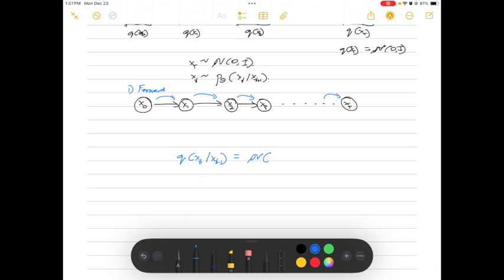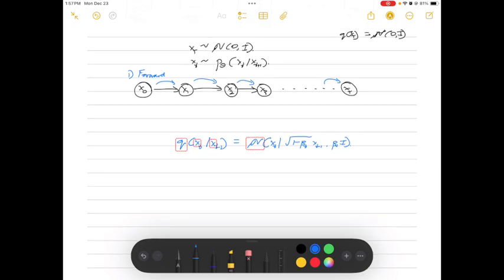So this is a Gaussian over xt, with mean the scaled previous sample, square root of 1 minus beta t times xt minus 1, and variance beta t I. So beta is a controllable noise schedule which typically is in the 0 to 1 range, right?